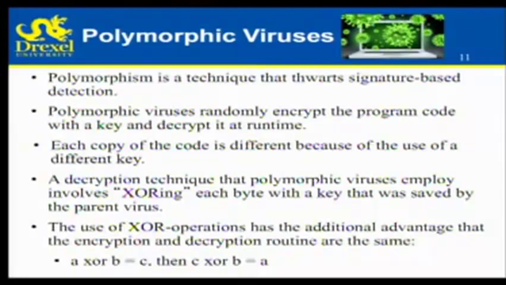A polymorphic virus is essentially something that encrypts itself. So when it replicates and it's sitting on your disk, it's in an encrypted form. So when the antivirus program is scanning your disk, it's not going to complain because it's going to say, well, this is not exactly the signature I was looking for. It's encrypted. And it decrypts right before it executes, okay?